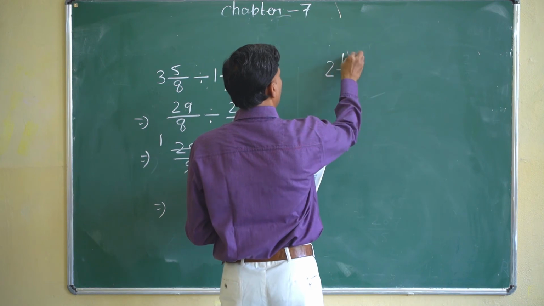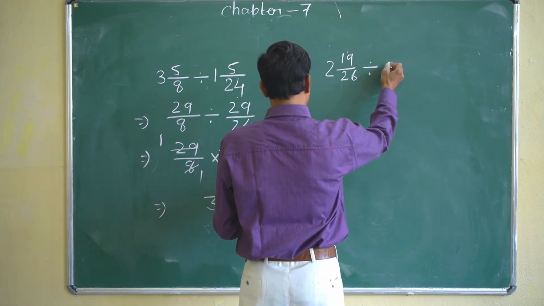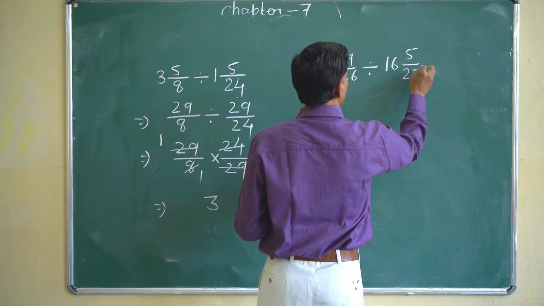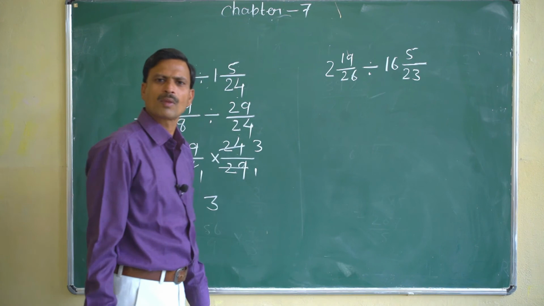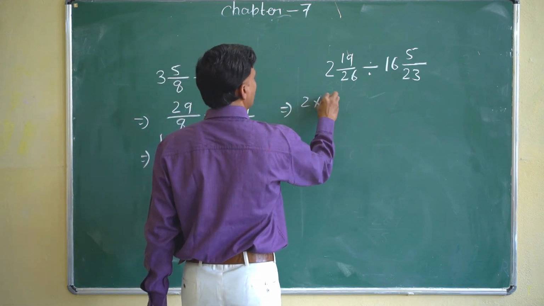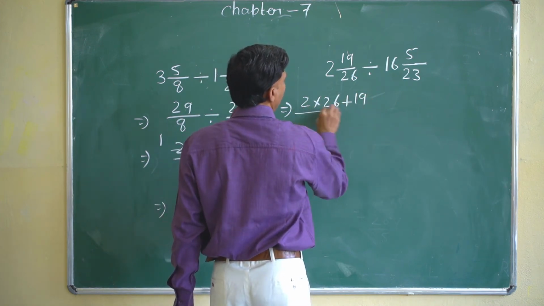2 whole number 19 upon 26 divided by 16 whole number 5 upon 23. So this also, first we'll convert into improper fraction.